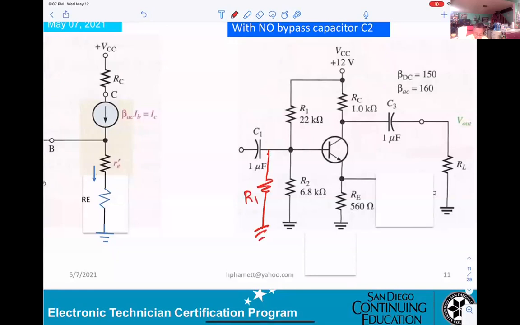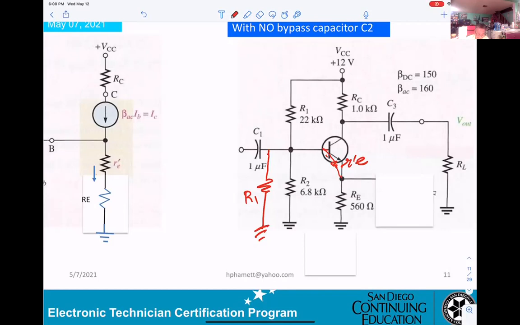And in here, you can get the resistor RE, prime E. Okay, now, what is the input resistance of the transistor?